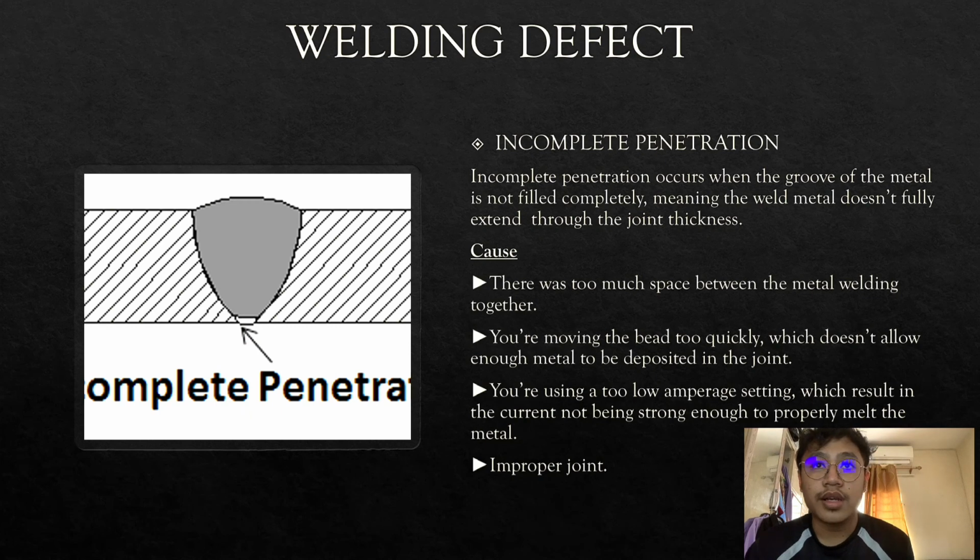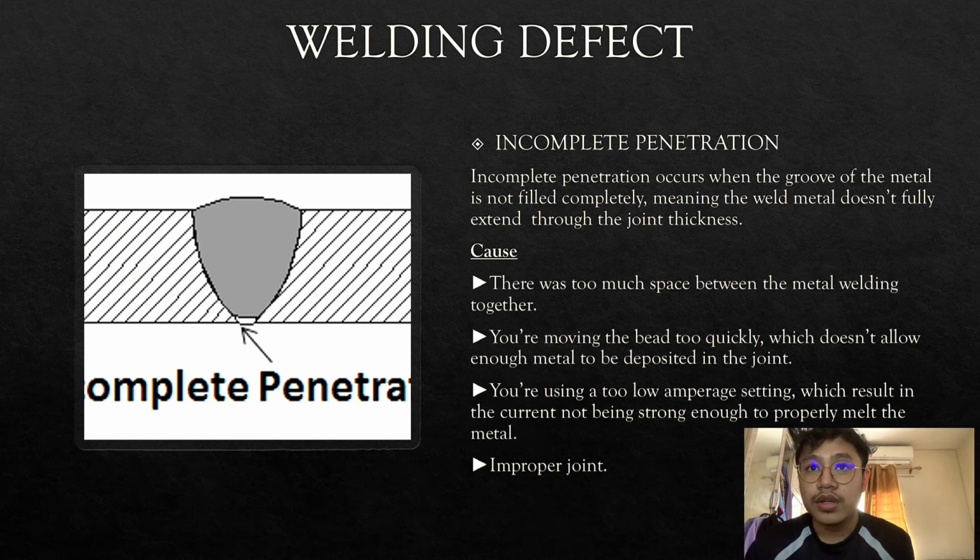And lastly, incomplete penetration. Incomplete penetration occurs when the groove of the metal is not filled completely, meaning the weld metal doesn't fully extend through the joint thickness. The cause is there was too much space between the metals being welded together.